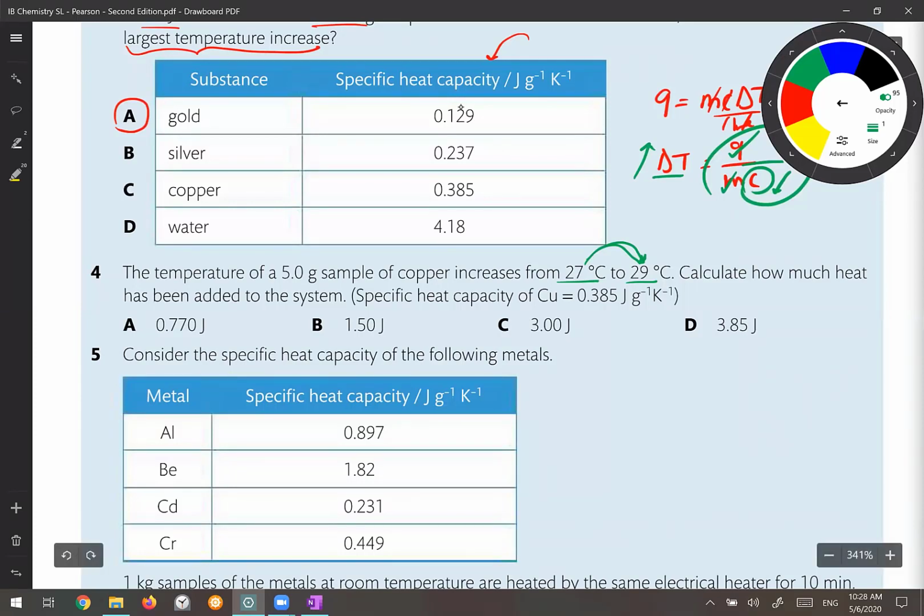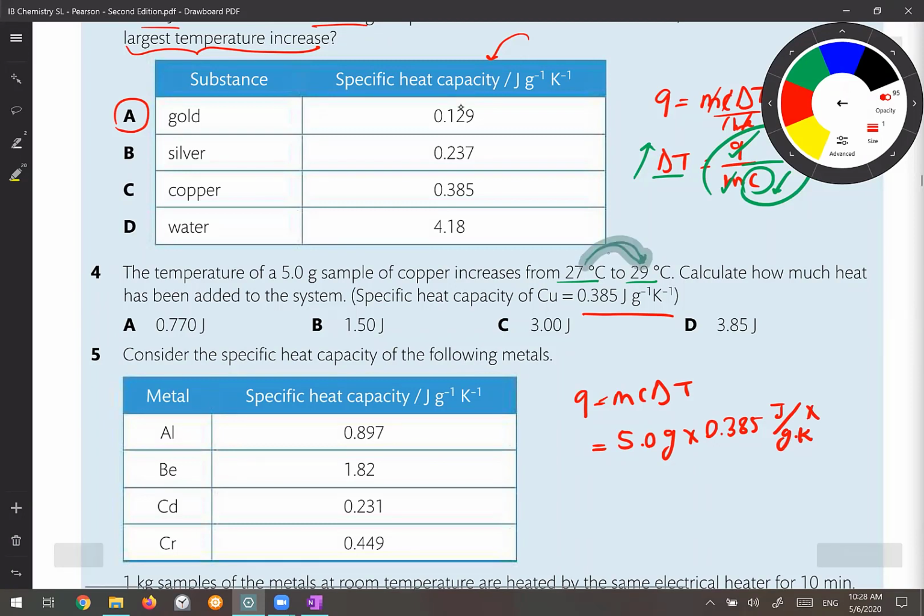Okay, so it's very easy. We can simply use the equation Q equal mc delta T. The mass of the object was 5.0 gram. Times specific heat capacity is given here, 0.385 joule per gram per Kelvin times delta T.